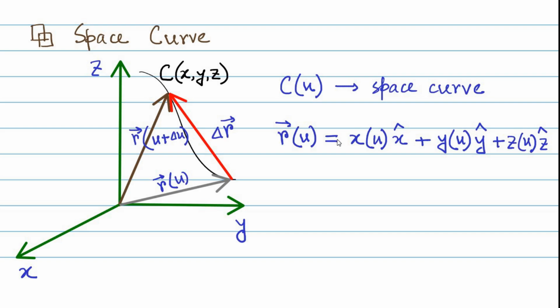So let us assume that the positive progressing parametric value traces the curve in this direction. So of course, delta r will have the direction dictated by delta u.